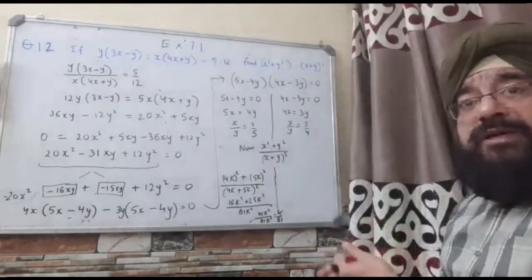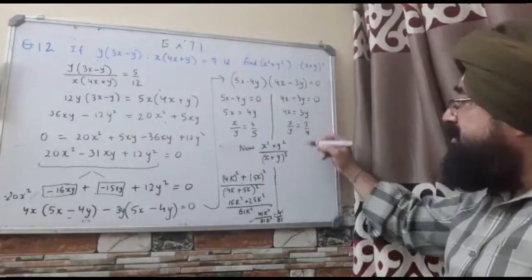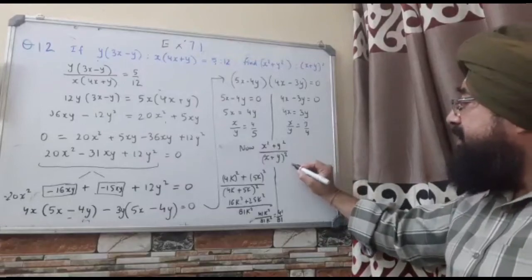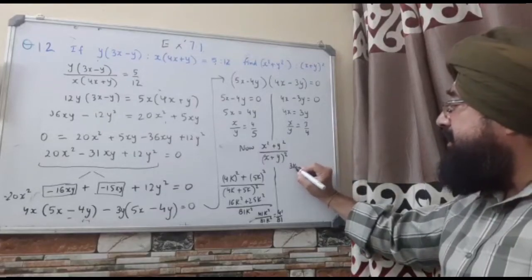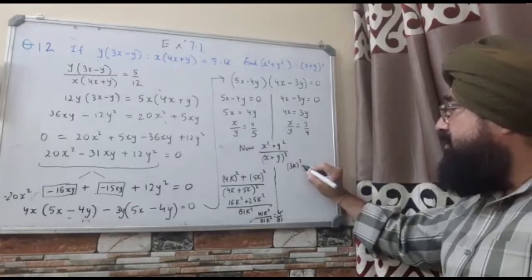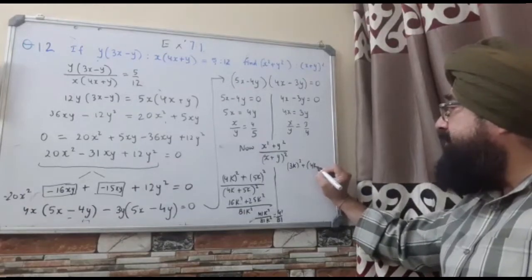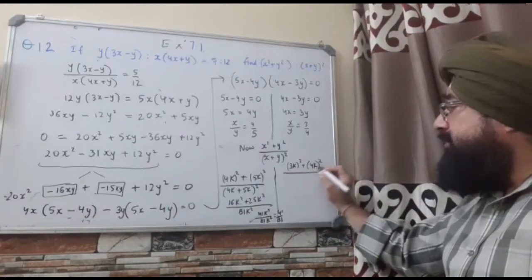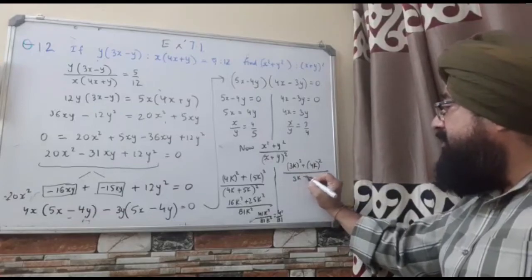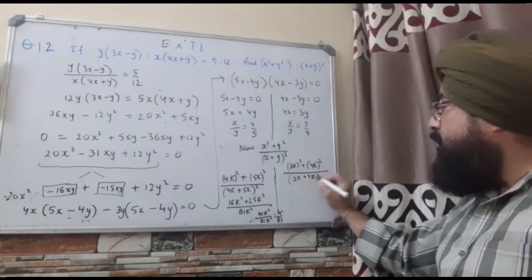But that is not the only answer, because now you will use the other ratio. That is, 3k whole square plus 4k whole square over 3k plus 4k whole square.